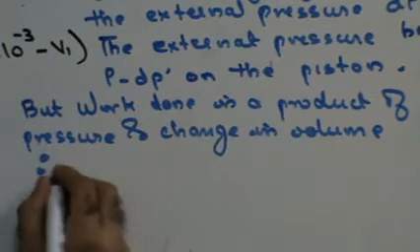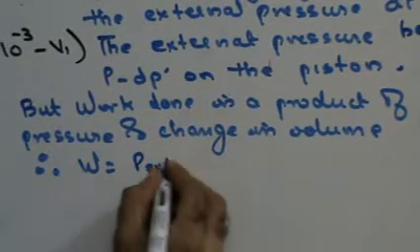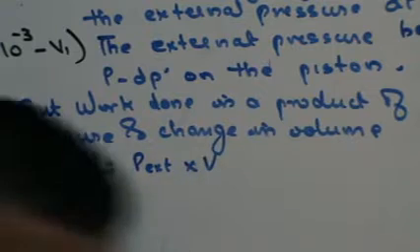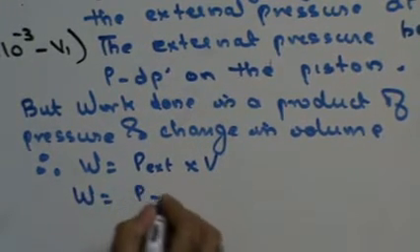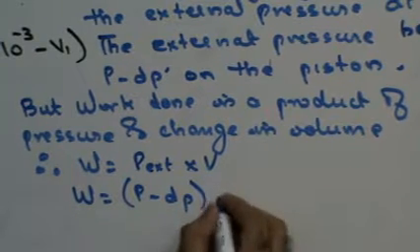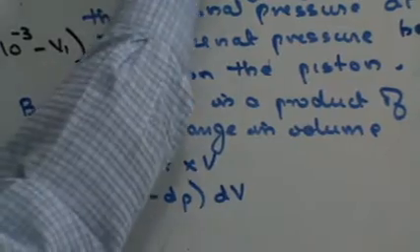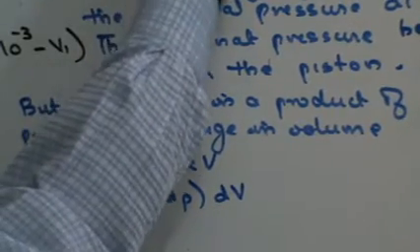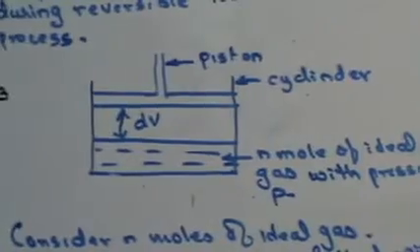Therefore, I can say that work done is equal to external pressure into volume. We have done this derivation. So I can say that work done is P minus dP, that is the pressure that is exerted on the piston, into volume. Let's assume that the volume changes by a small amount dV. dV is the change in volume.